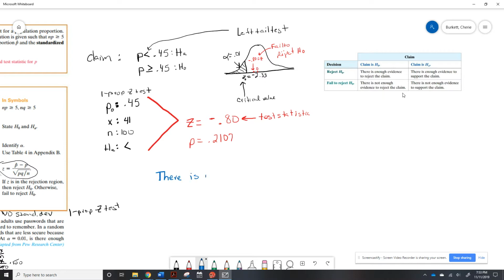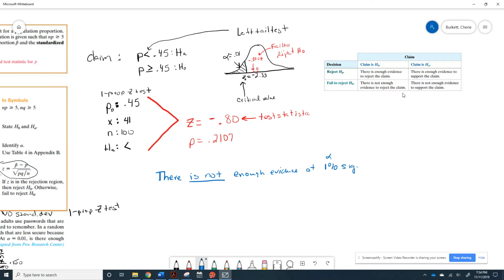There is not, that's the first word that goes in my blank, enough evidence at 1%. This is my alpha. I'm getting that from right there.